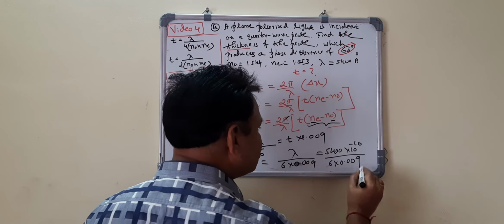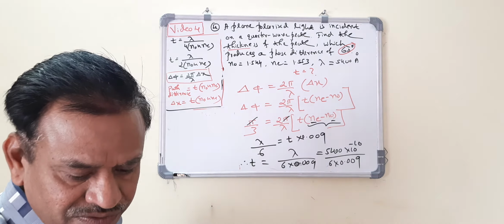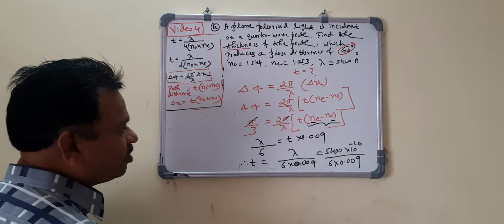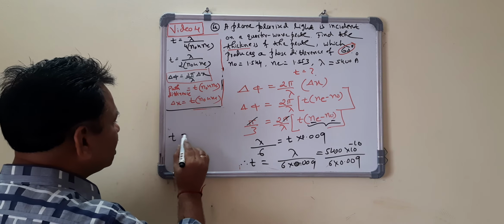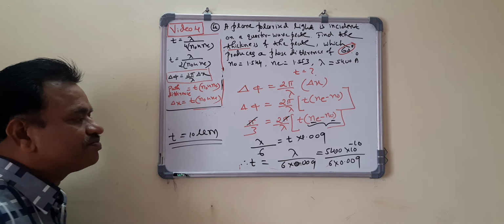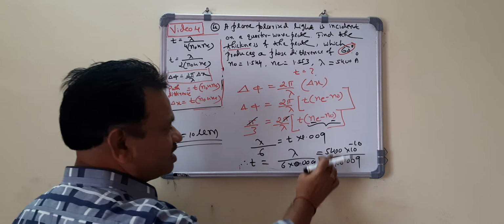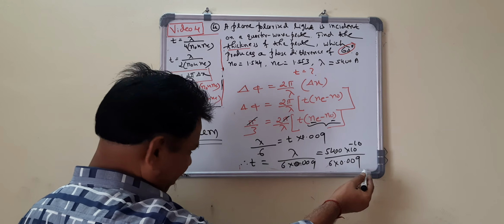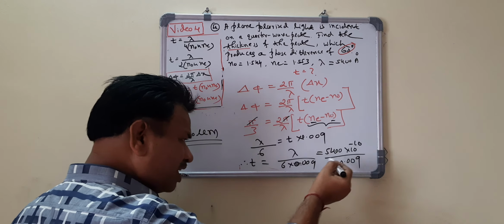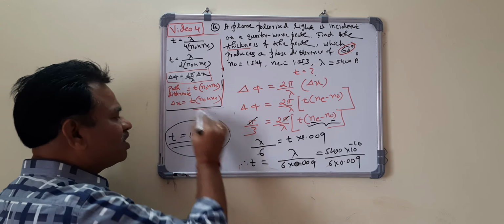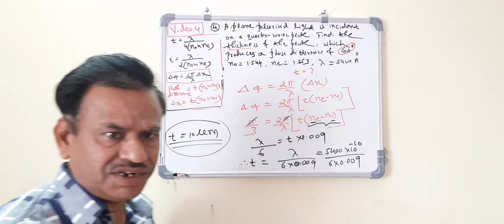You substitute all these values and calculate the thickness. It turns out to be 10 micrometer, because 6 nines are 54, the 9 cancels here, so only one term will be left, and it turns out to be 10 micrometer.